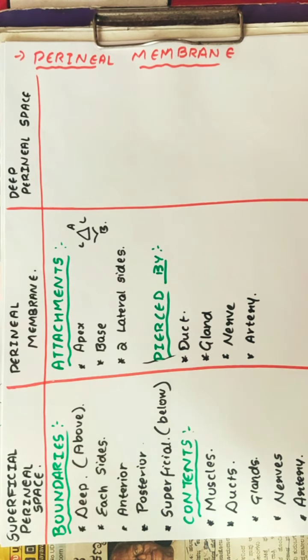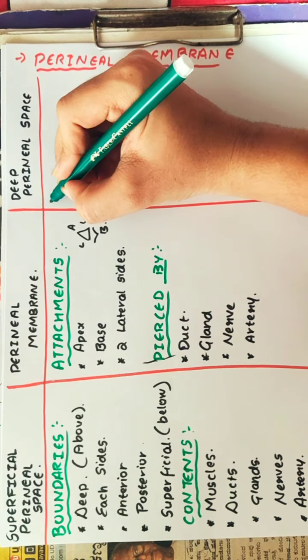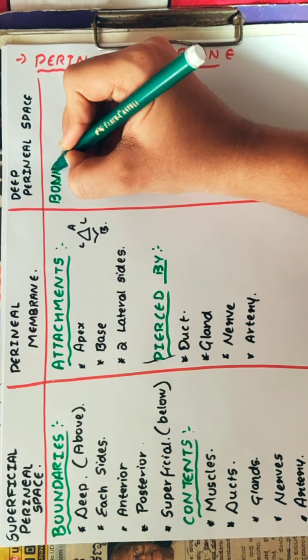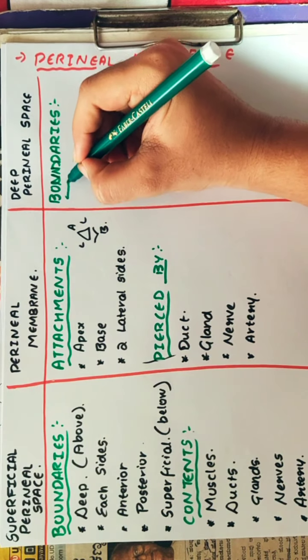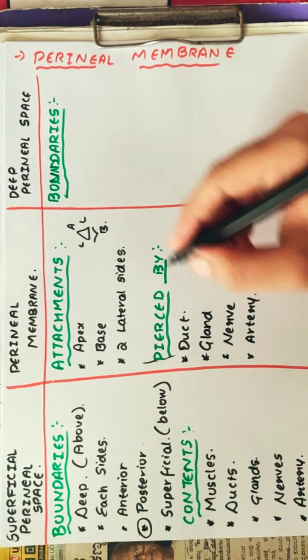Next comes the deep perineal space. We'll study about the boundaries as well as the contents of the deep perineal space. First we'll look at the boundaries of the deep perineal space. They are the same as those of the superficial perineal space except the posterior one.